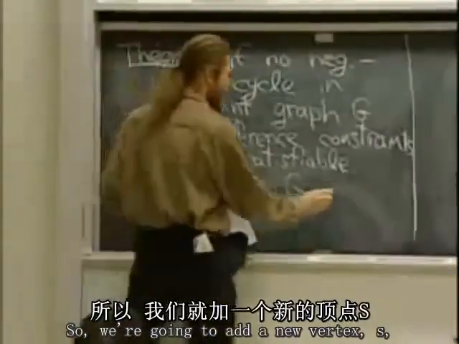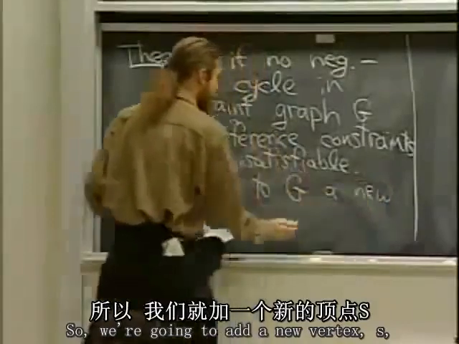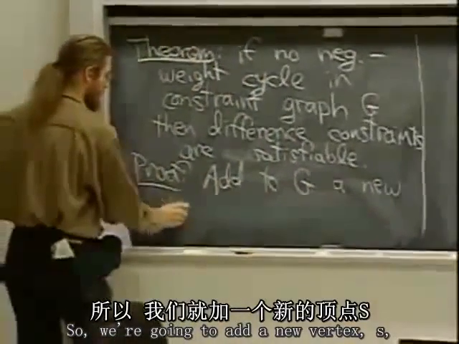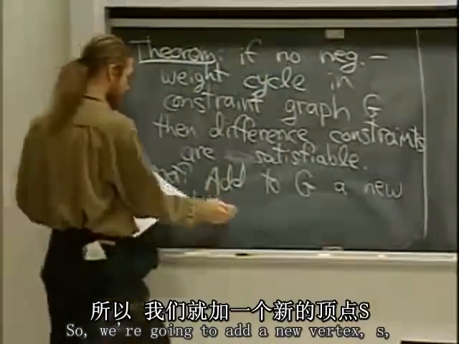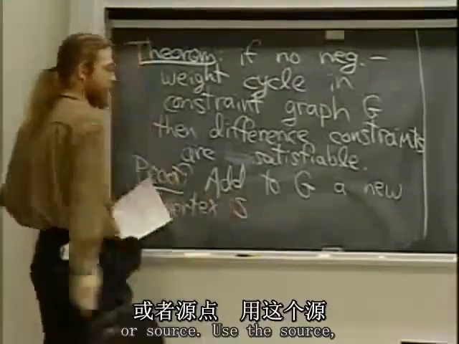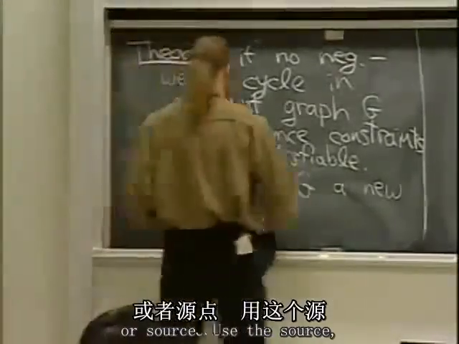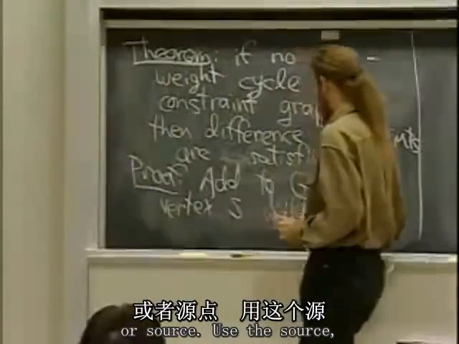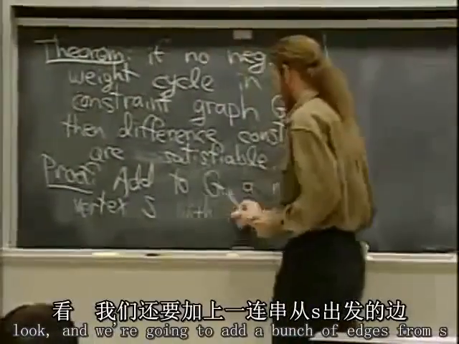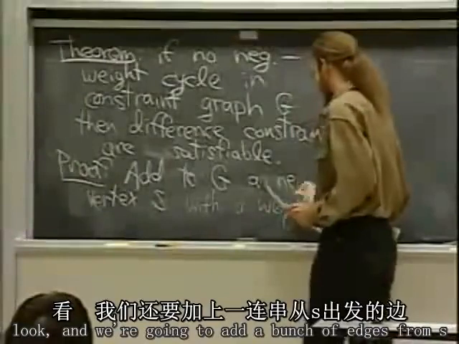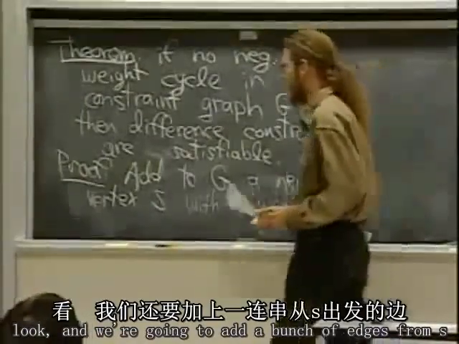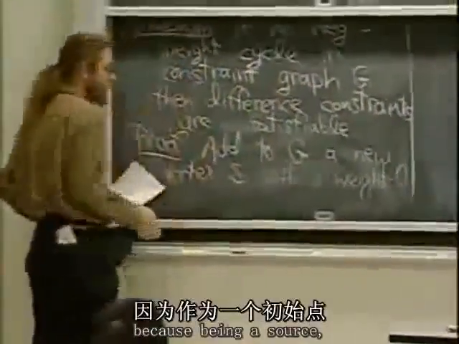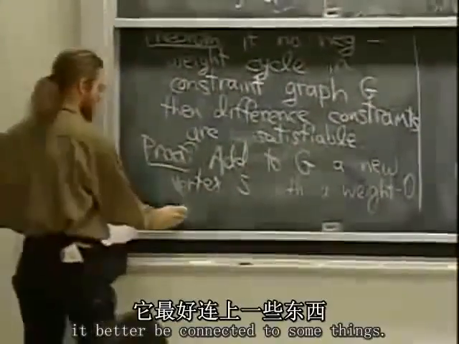So we're going to add a new vertex S for source. Use the source, Luke. Okay. And we're going to add a bunch of edges from S, because being a source, it better be connected to some things.